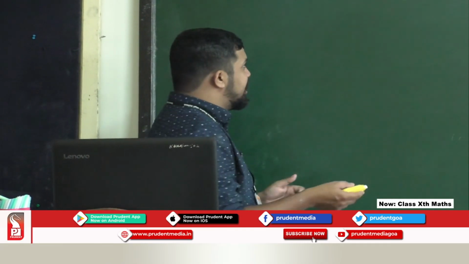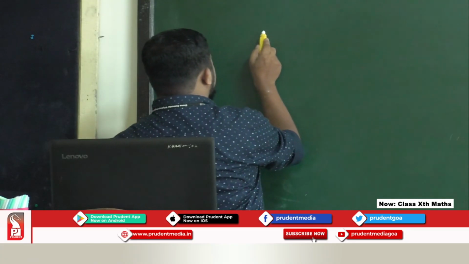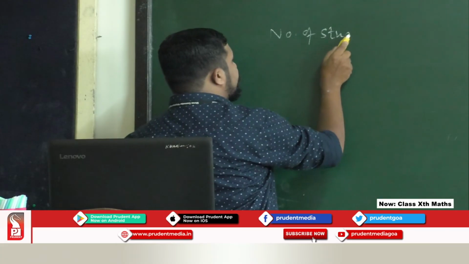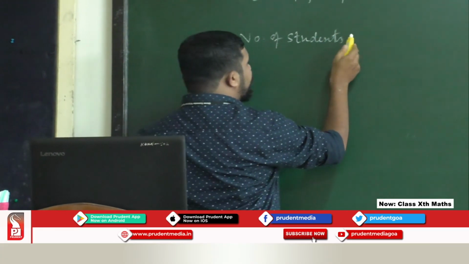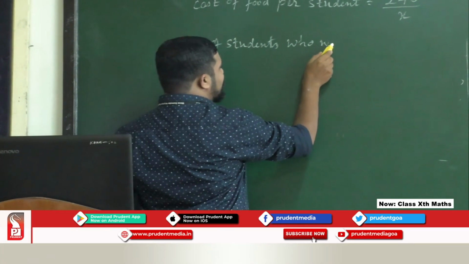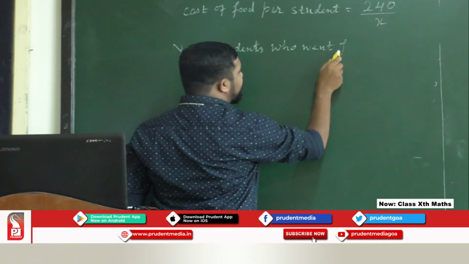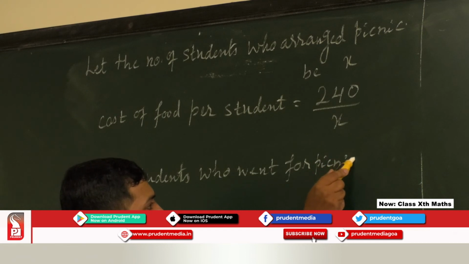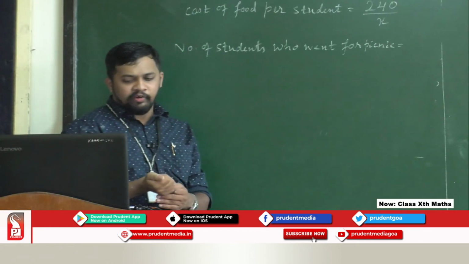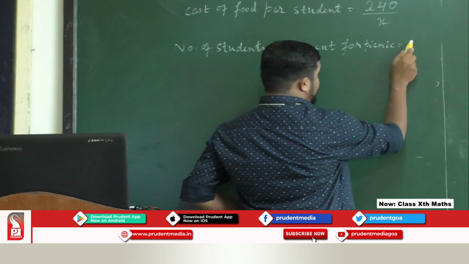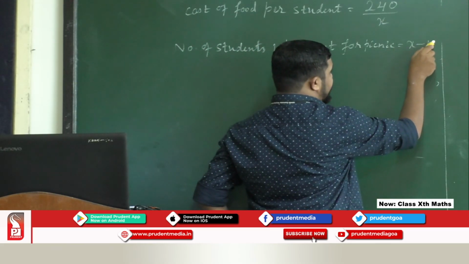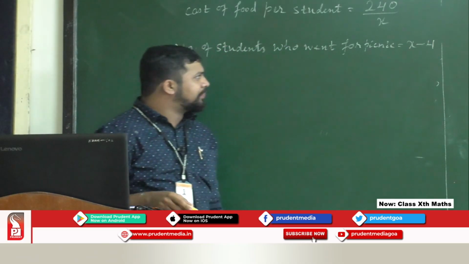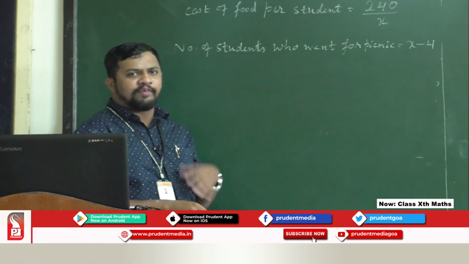So the number of students who went for the picnic now. Earlier how many were going? x. Now 4 are less, so x minus 4. Let's say earlier 10 were going. You arranged a picnic for 10 and suddenly 4 are not coming.